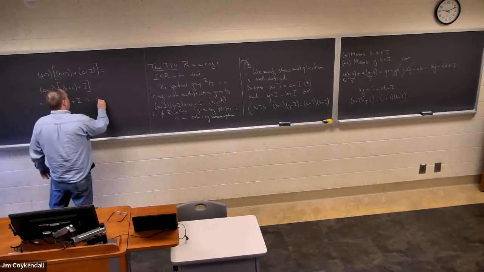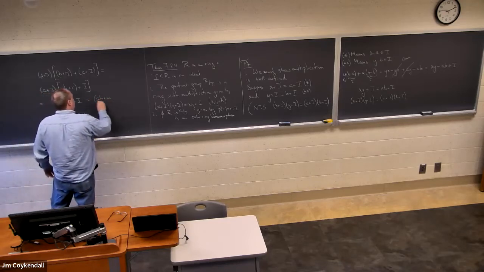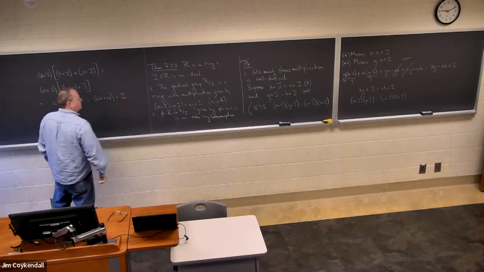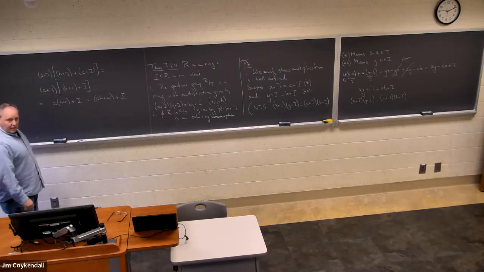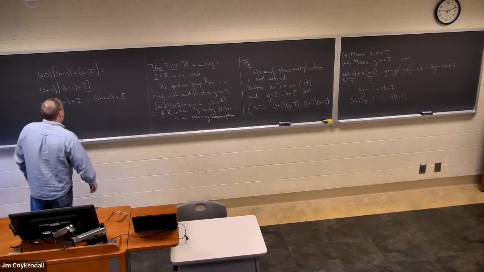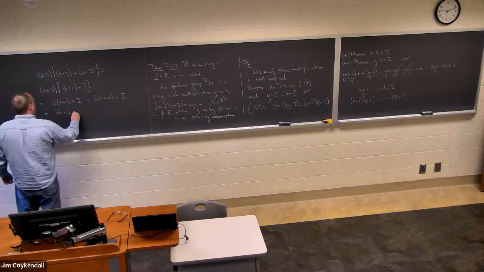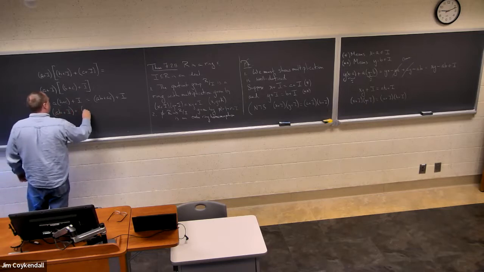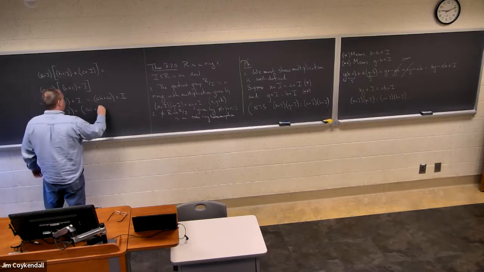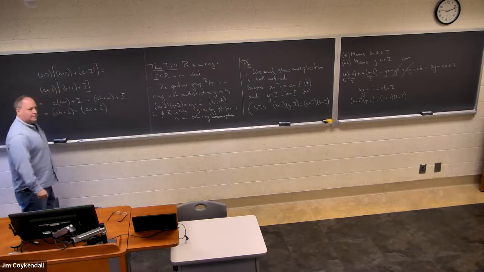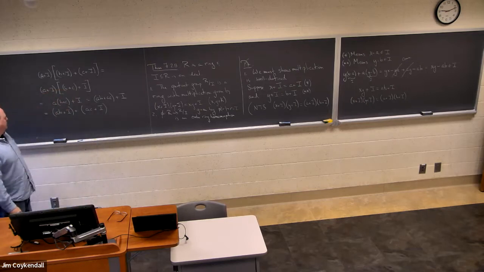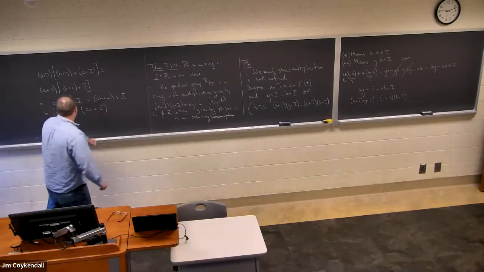So this is AB plus AC plus I, which is AB plus I plus AC plus I. So I can break them up like that.